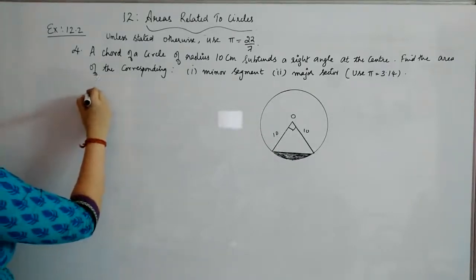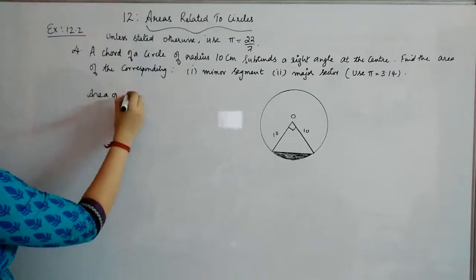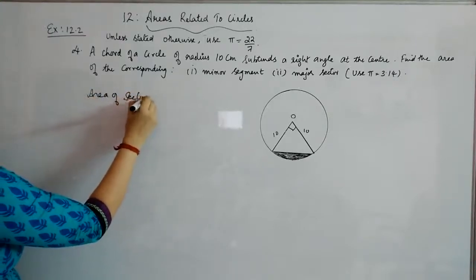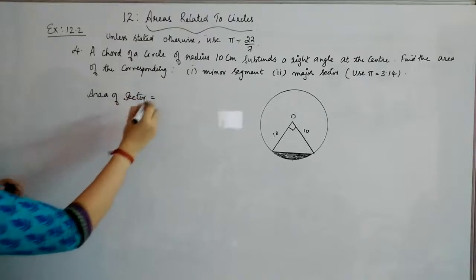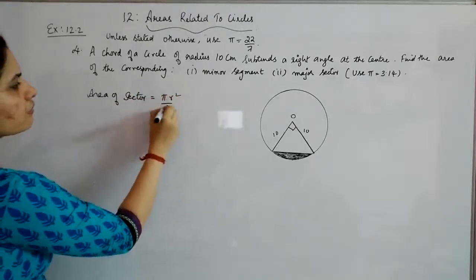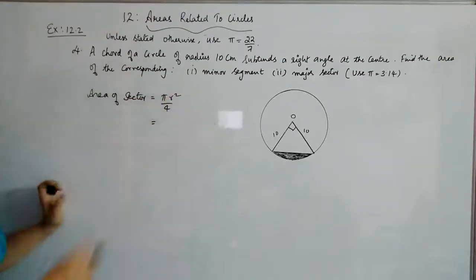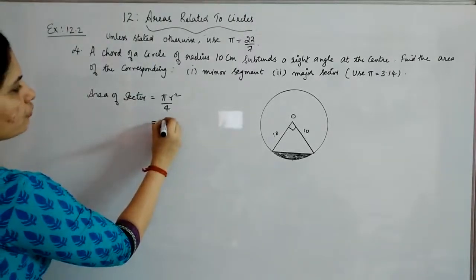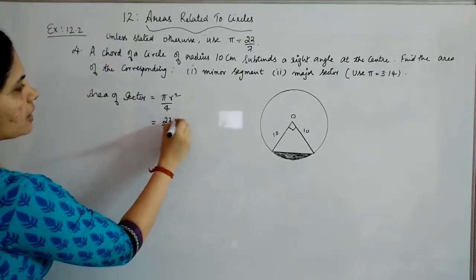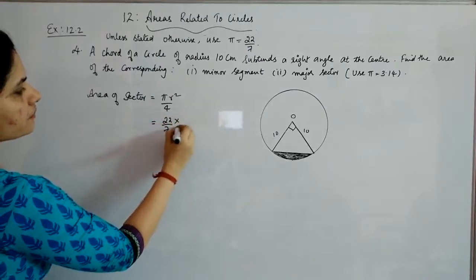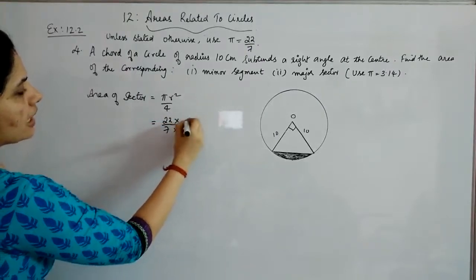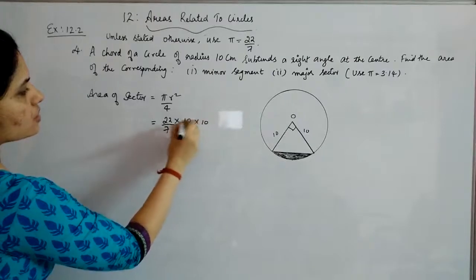So first we will find out what is the area of the sector. Minor sector will give you pi r square by 4, right? Because it is subtending an angle of 90 degrees at the center. So you have 22 by 7 into r square by 4, and r square is 10 into 10.